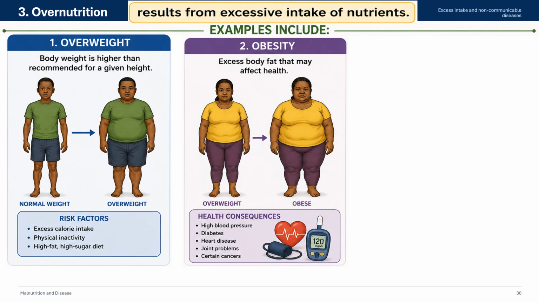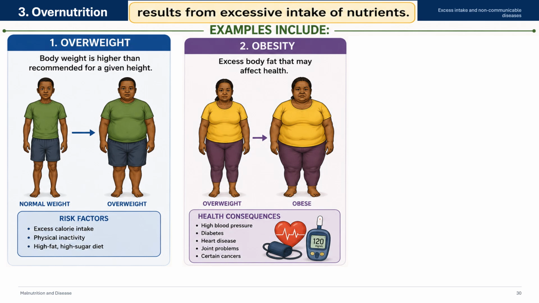The second presentation is obesity. Obesity is a type of overnutrition manifestation which occurs as a result of accumulation of excess body fat that may affect the general body health.